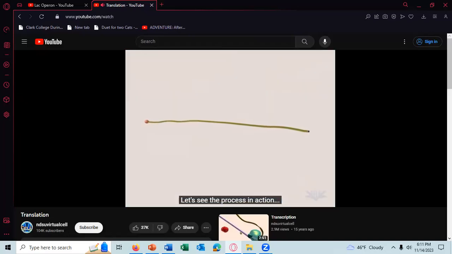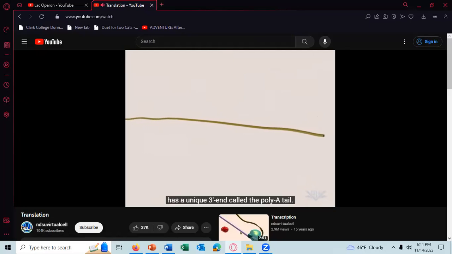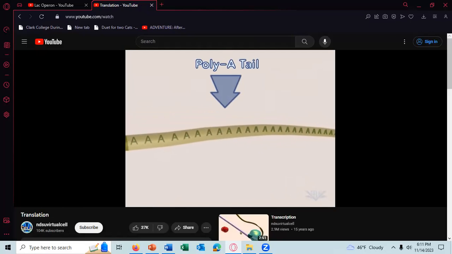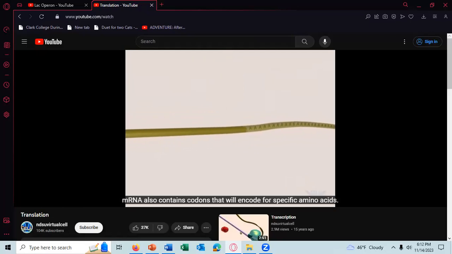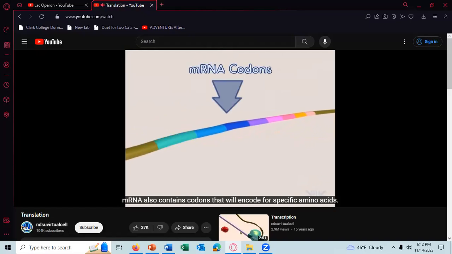Let's see the process in action. Eukaryotic mRNA, the substrate for translation, has a unique 3' end called the poly A tail. mRNA also contains codons that will encode for specific amino acids.